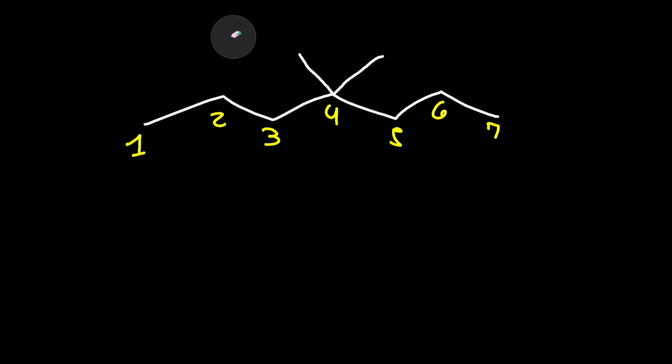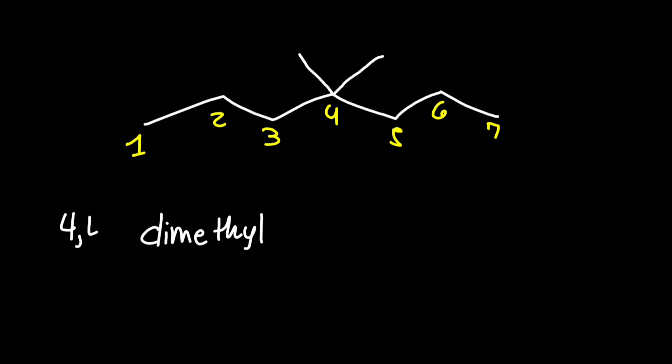Our substituent right here now is 2 methyl groups because they both have 1 carbon, which represents a methyl. Since they are both methyl, let us name it dimethyl. And they are both positioned at the same carbon. So this would be 4, 4.